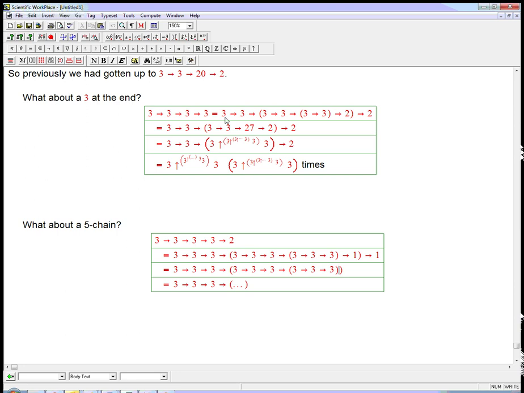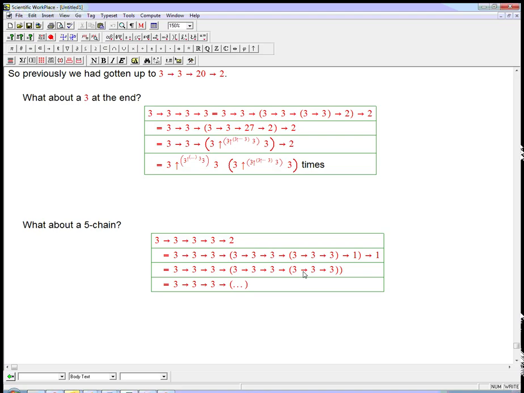Okay, the biggest I got to here, and this was utterly ridiculous, is a 3 at the end, where I took a tower of Knuth up arrows that was 27 tall, and then I used that to say how many times do I do a tower of Knuth up arrows. And now I'm going to take this number, okay, 3 dash 3 dash 3.